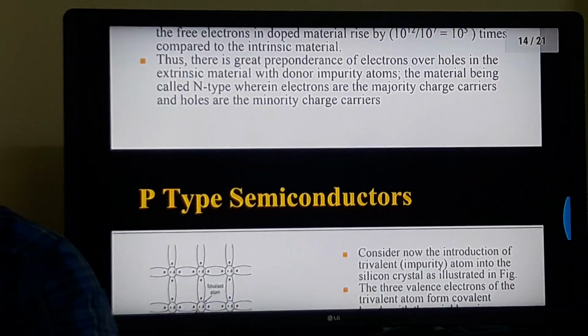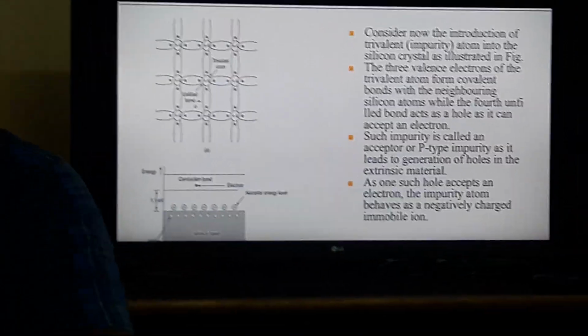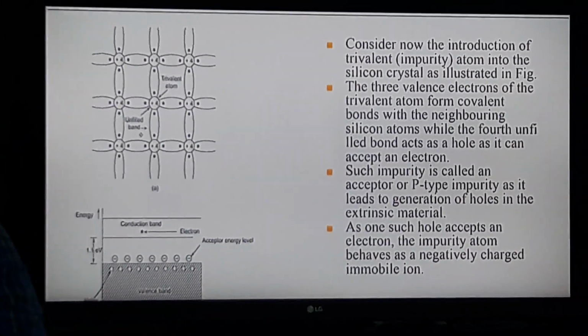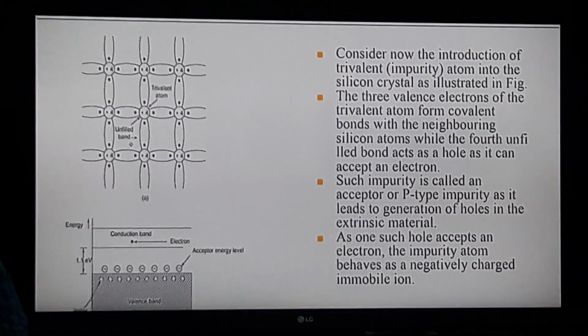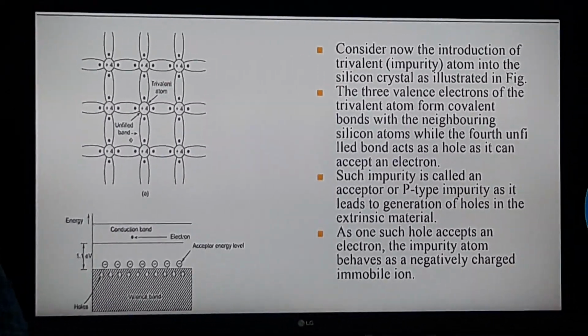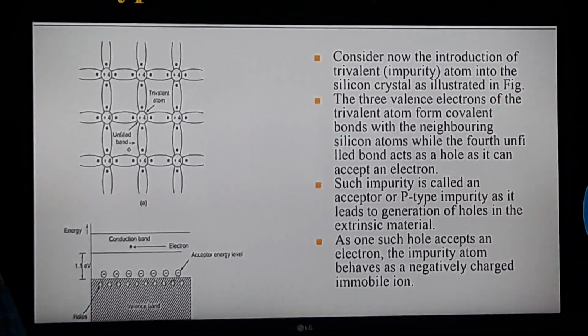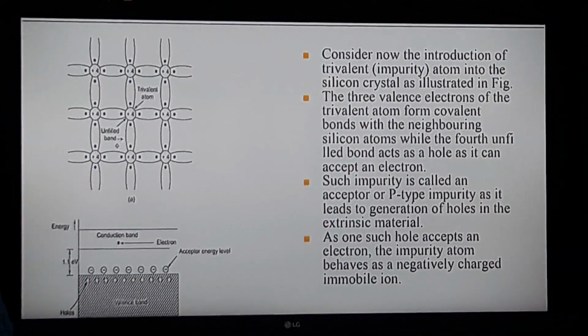Now we are going to discuss the p-type semiconductors. Consider now the introduction of trivalent atoms into the silicon crystal. The 3 valence electrons of the trivalent atom form covalent bonds with the neighboring silicon atoms, while the 4th unfilled bond acts as a hole as it can accept an electron.